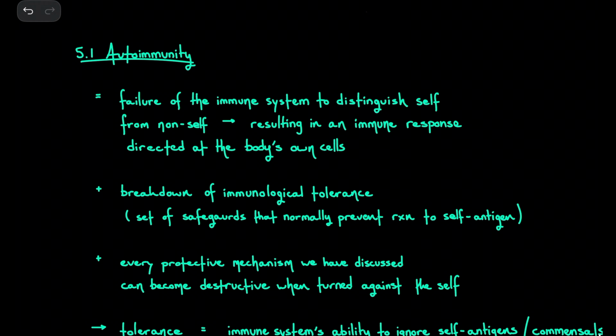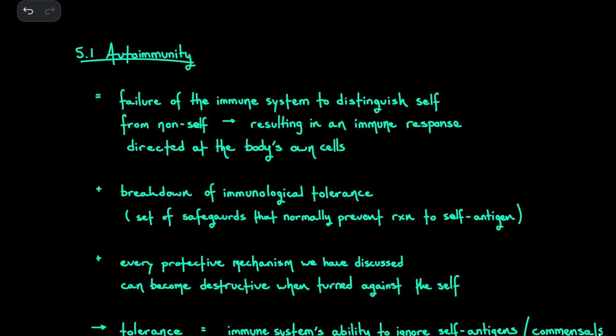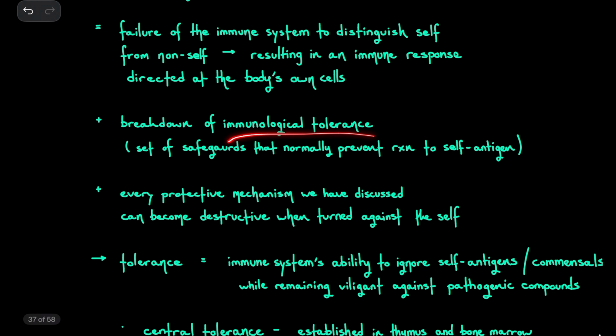Well, it is a failure of the immune system to distinguish self from non-self. This results in an immune response against the body's own cells. Okay, so obviously that is pretty detrimental and not ideal. This is a breakdown of immunological tolerance. My immune system is no longer tolerating my own cells.